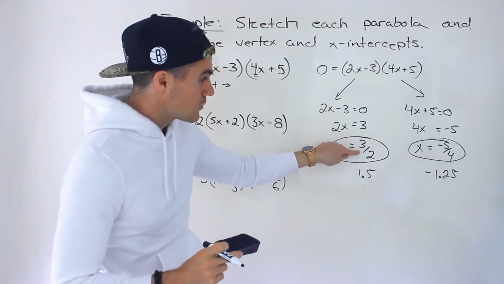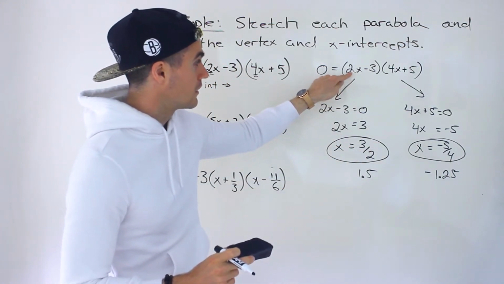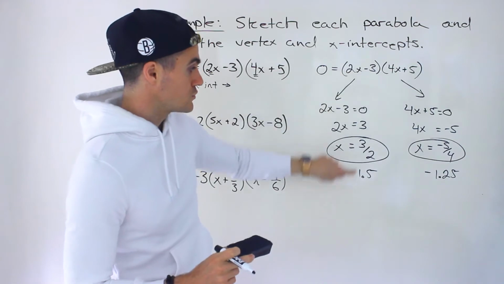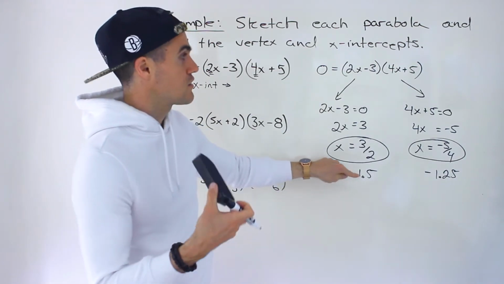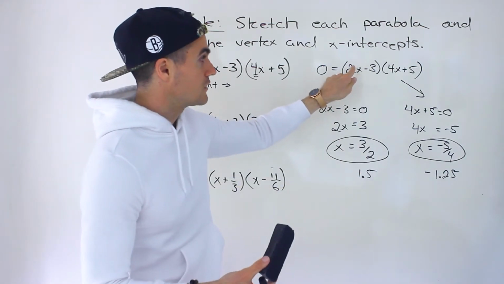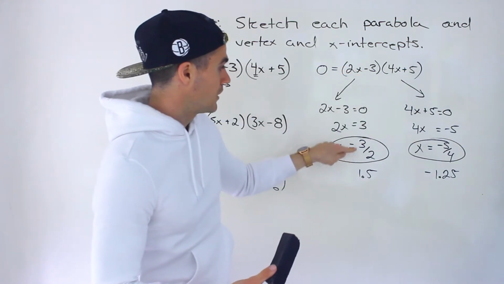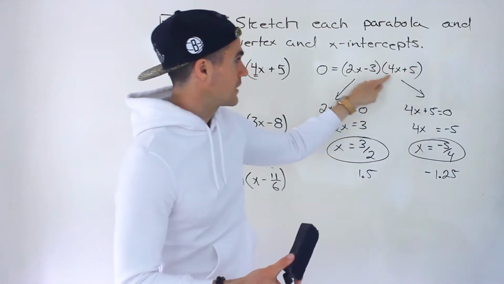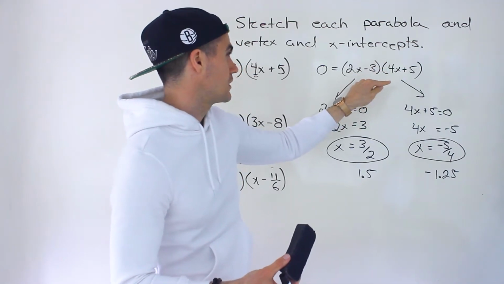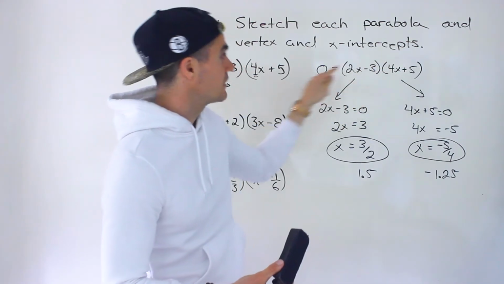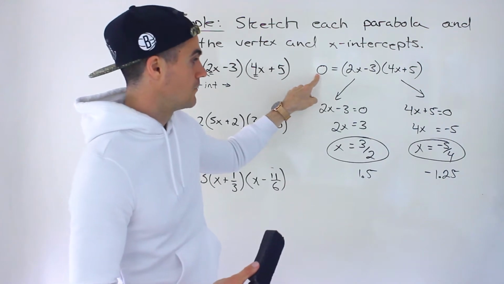And notice if we take 3 over 2 or 1.5 and plug it in here, 2 times 3 over 2, or 2 times 1.5, gives us 3. Minus 3 would give us 0 in that bracket. And then if we plug in 1.5 here, it's going to be some kind of number. I think it will actually be 11. So we'll have 0 times 11, which would give us 0.